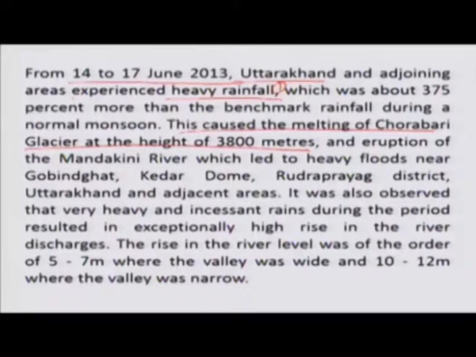This is 2, and eruption of the Mandakini river. So, this I am saying 2A and this is 2B. These two things in turn led to heavy floods, and these details are related to this flooding.